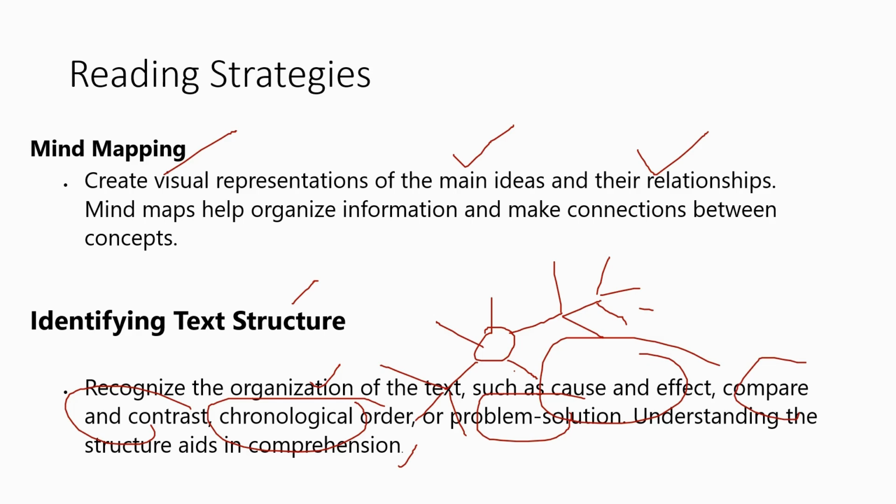Is it cause and effect, telling about the effects in a logical movement? Is there a comparison between different ideas? Is there a chronological order, how things are emerging or taking place? What solution has been offered to a particular problem? So you try to find this. This strategy is called identifying text structure.